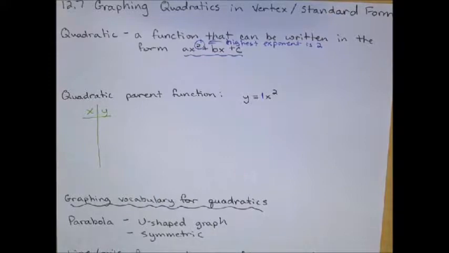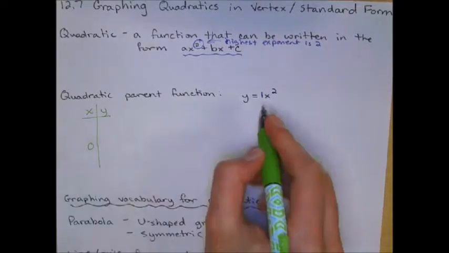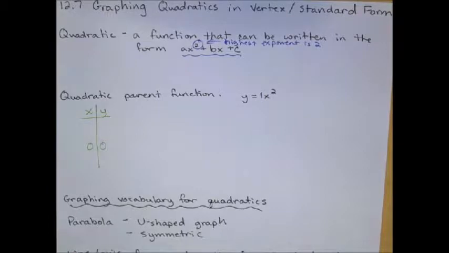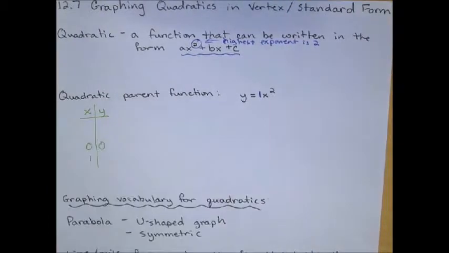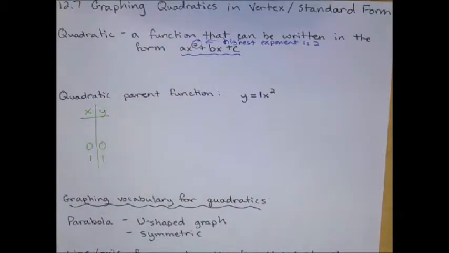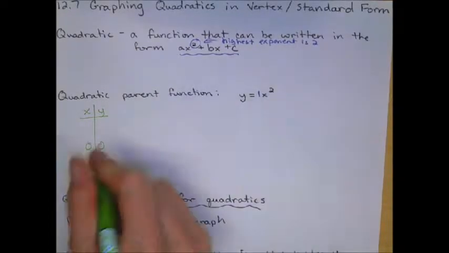One of the first numbers I always like to plug in is 0. So I'm going to plug in x equals 0. If I plug in 0, 0 squared is 0. Then I'm going to plug in 1. 1 squared is 1. I'm going to plug in 2. 2 squared is 4.